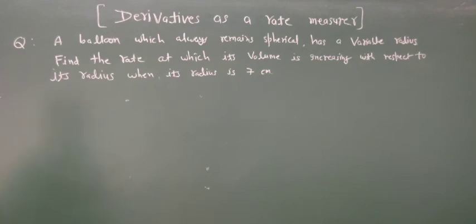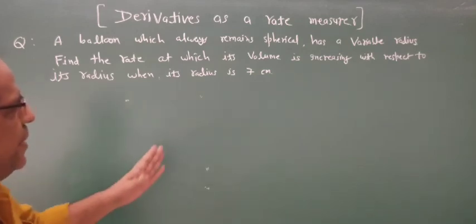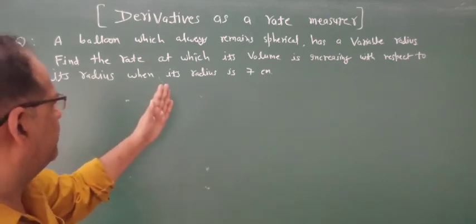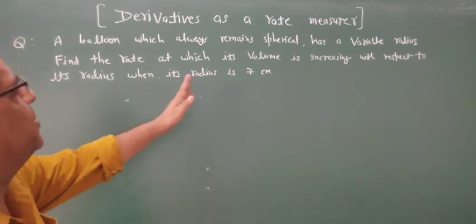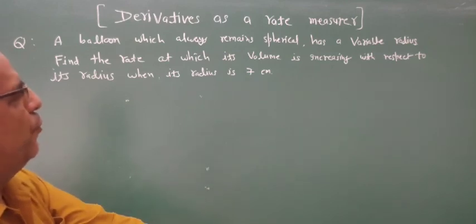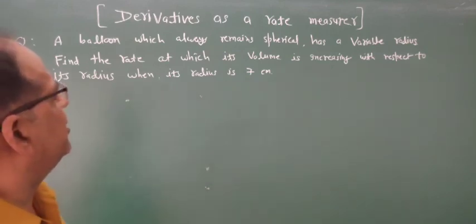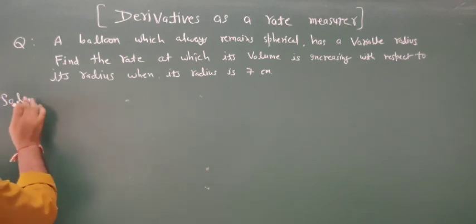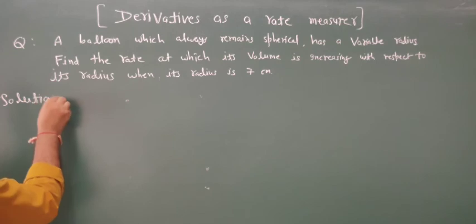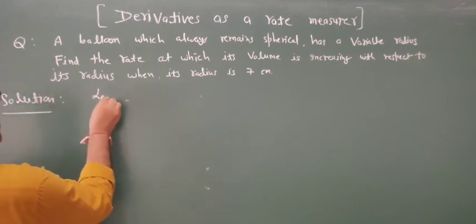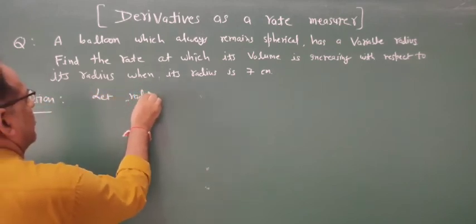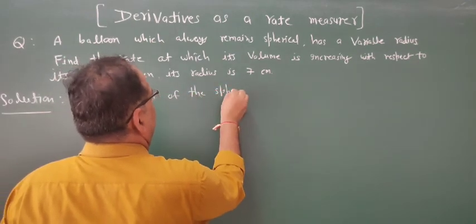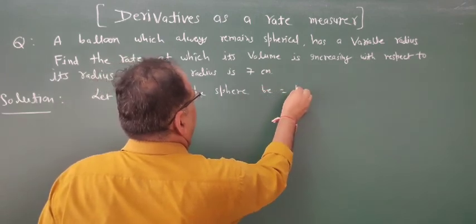Now I am taking a question. A balloon which always remains spherical has a variable radius. Find the rate at which its volume is increasing with respect to its radius when its radius is 7 centimeter. So now let the radius of the sphere be r.